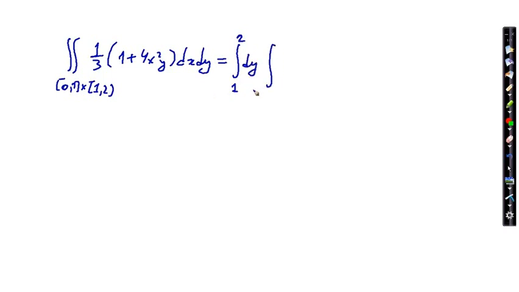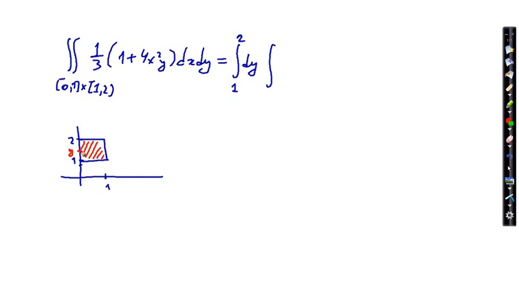Then for each y, I have this rectangle. This is the integration region. So I'm describing that in the following way. I'm fixing y. So this is y. y is running from 1 to 2.